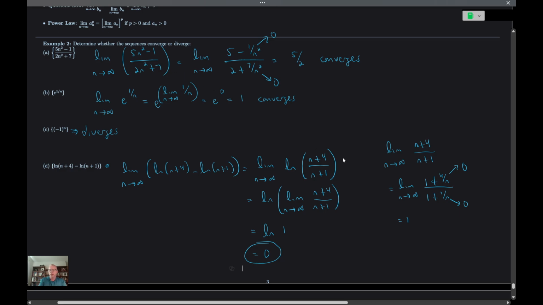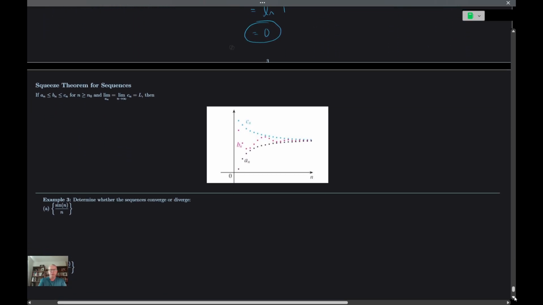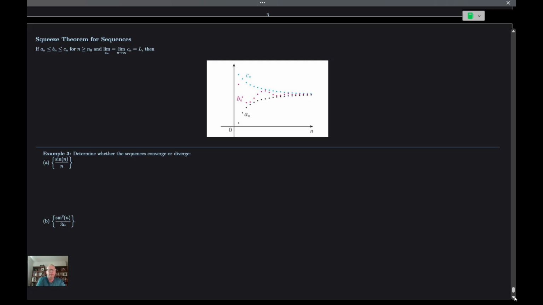All right, then the last topic is what's known as the squeeze theorem. The squeeze theorem is very interesting, and it comes up from time to time, probably pretty regularly. What this one says is you have 3 sequences here. We've got A sub n, B sub n, C sub n.